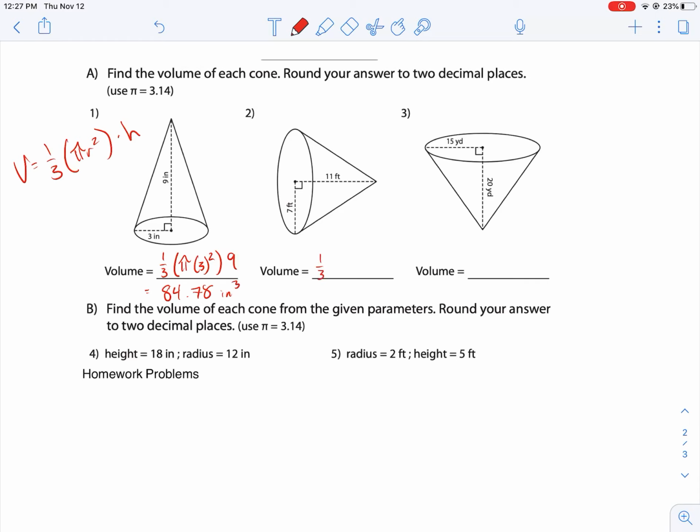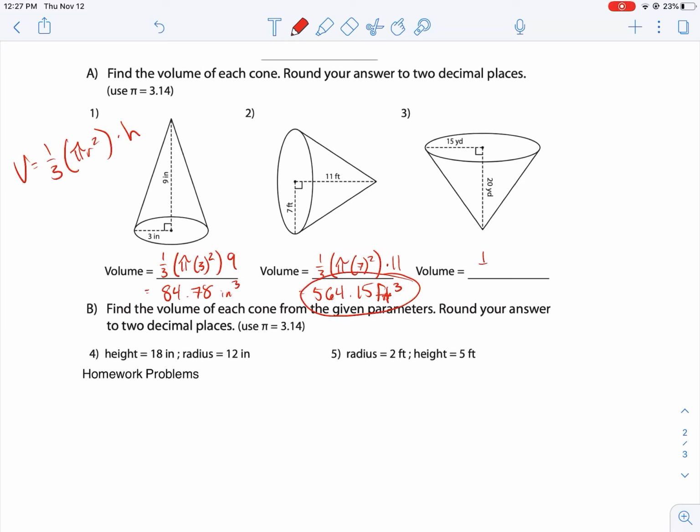Here I got 1/3 pi times my radius, which is 7 squared, times 11. And you get an answer, 564.15 inches, I'm sorry, feet cubed.